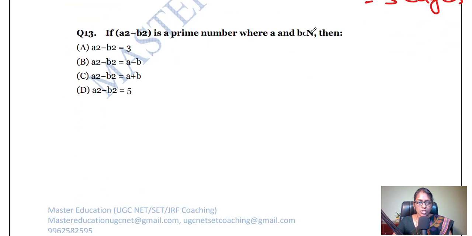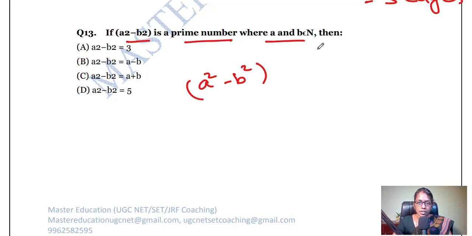The next question is, if a square minus b square is a prime number, where a and b are elements of N. N is what? Natural numbers. Okay. So they are telling that a square minus b square is a prime number.